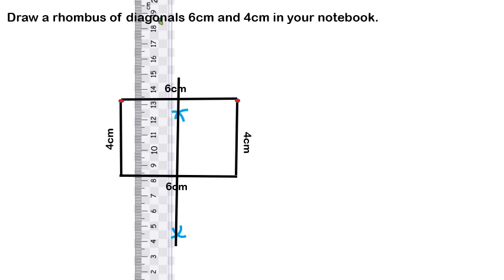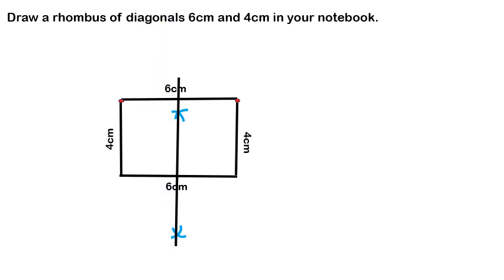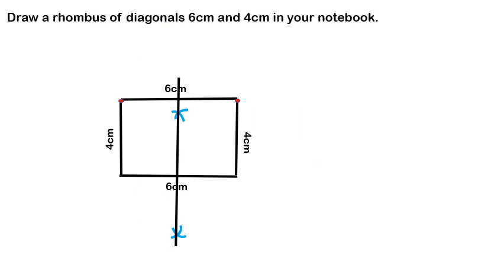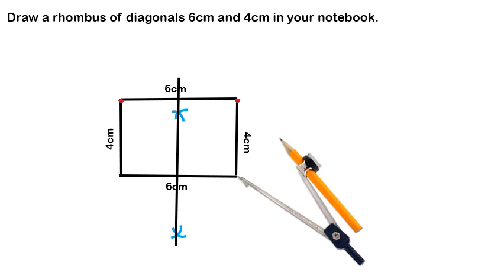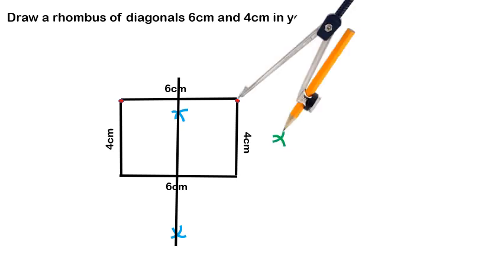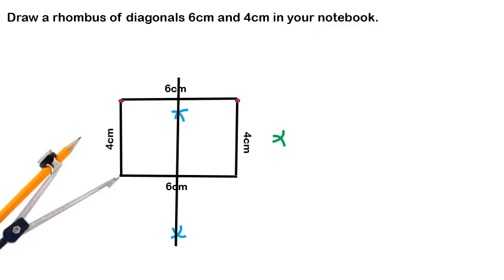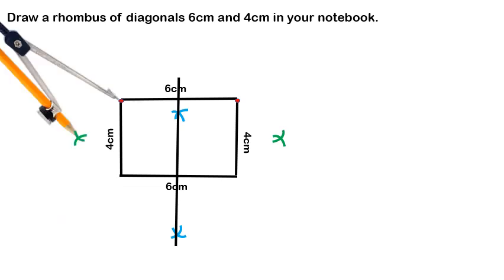Then do the same from the breadth side. First take 3/4 of the breadth in a compass. Then draw arcs from both ends of a vertical line, or you can draw arcs from the ends of two vertical lines like this.